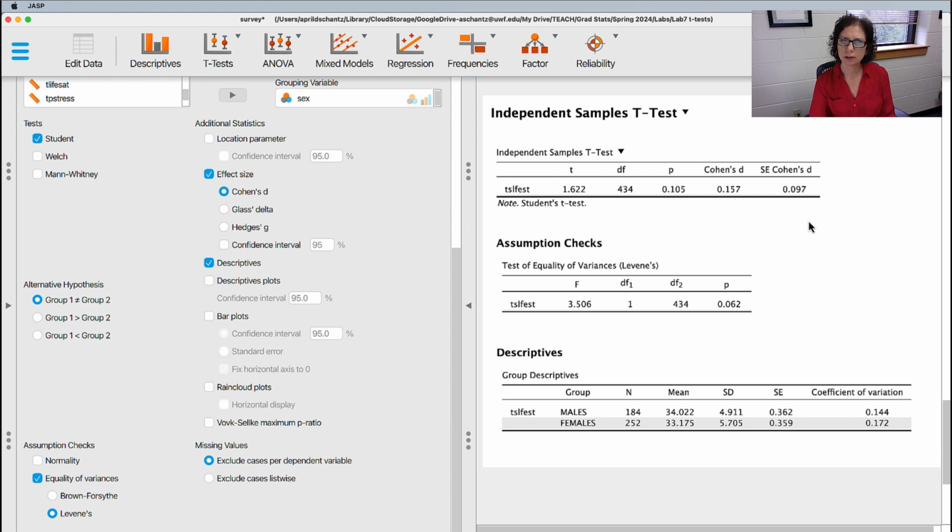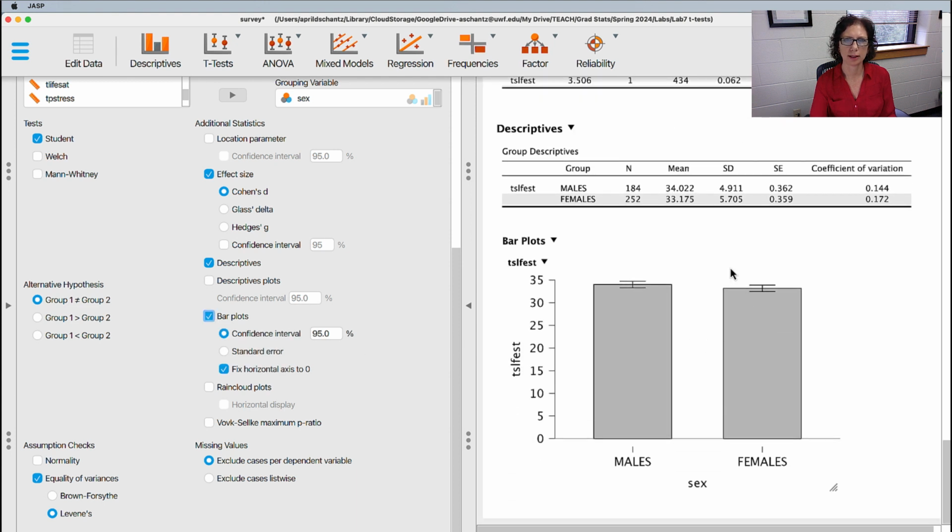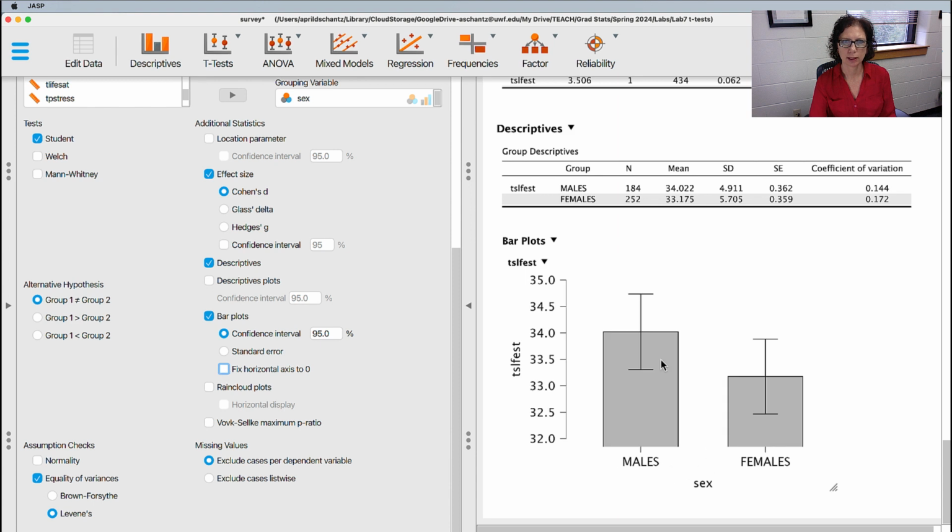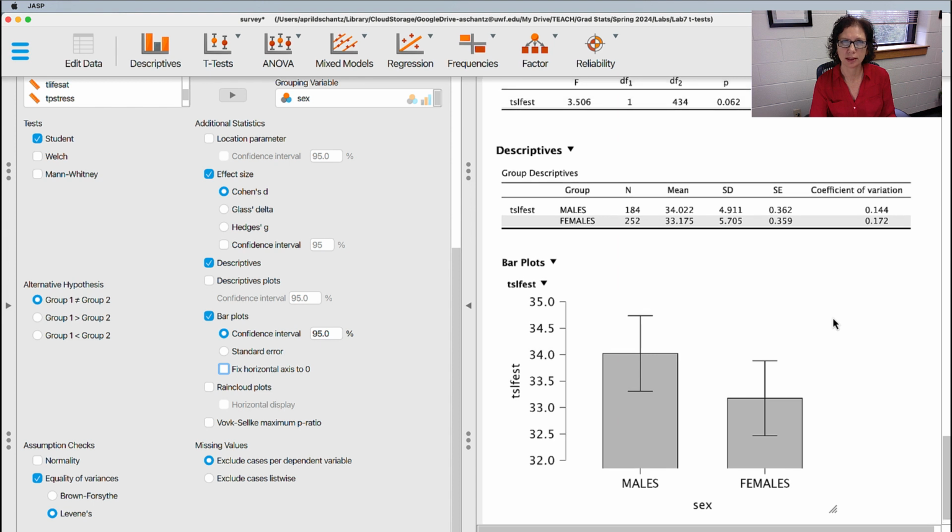What we could use still is some graphics. We can look at bar plots. Looks kind of like this. And while you can turn off the fixed horizontal axis to 0, see what it does? It kind of makes it look like a super big difference when there's only like a 1.5 point difference there that's not even significant.